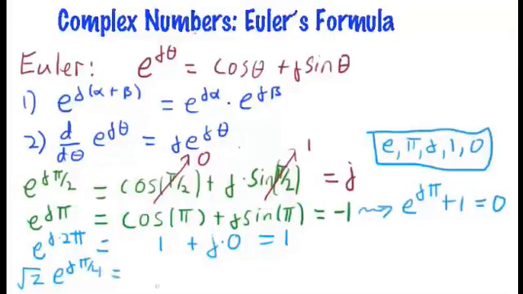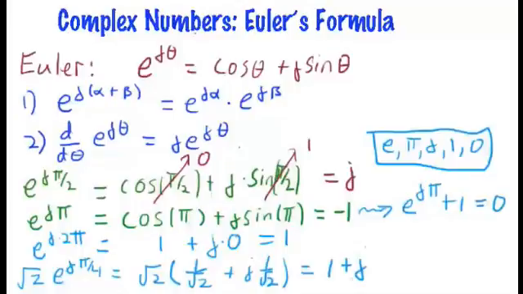Well, this is root 2 times what we get from Euler's formula. Cosine of pi over 4 is 1 over root 2, plus j times sine pi over 4, which is also 1 over root 2. So we end up with 1 plus j. These are fun formulas, but what makes Euler's formula useful is its relation to polar coordinates, which we'll get to on the next slide.